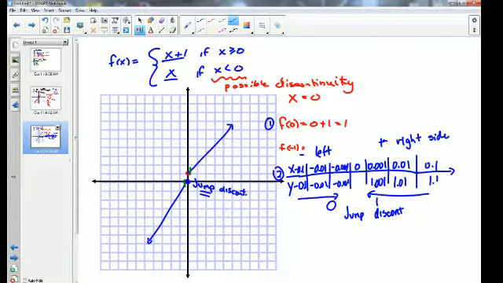So what you want to say is, since 0 does not equal 1, right? f of x is not continuous at x equals 0.